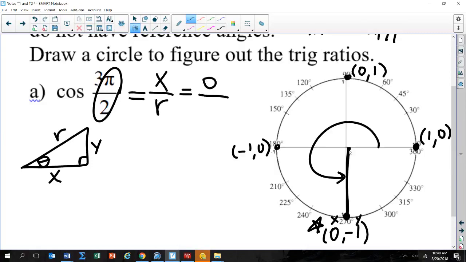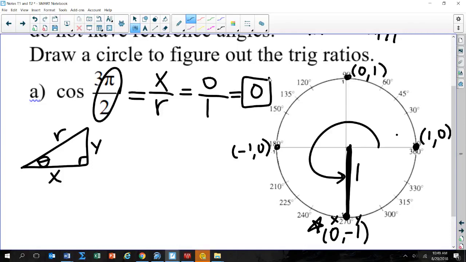And what's the radius of this unit circle? How do I get from the origin to the point 0, negative 1? What's that distance? It's 1, right? And because we're talking about a radius, it's always positive. The radius is always, always positive. So we end up simplifying to just 0 there.